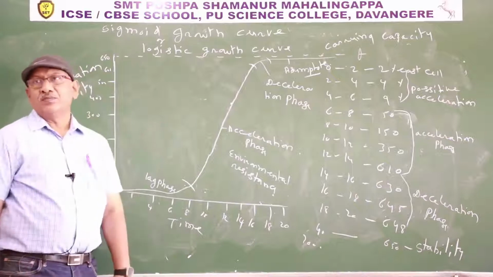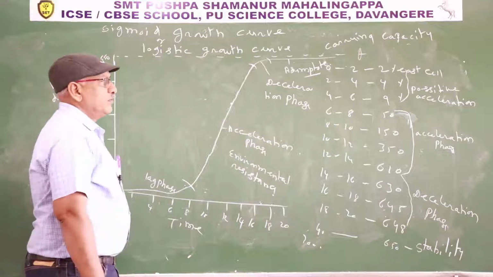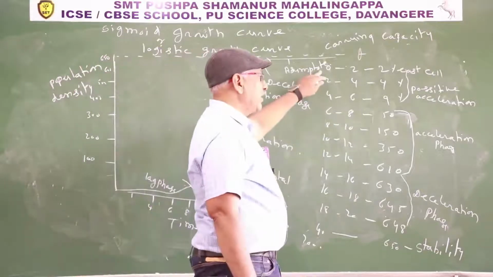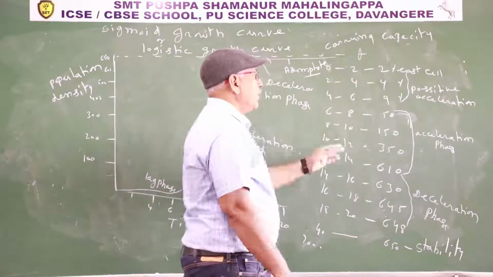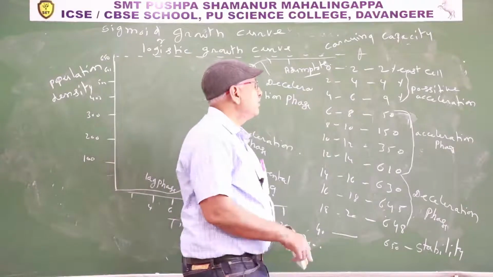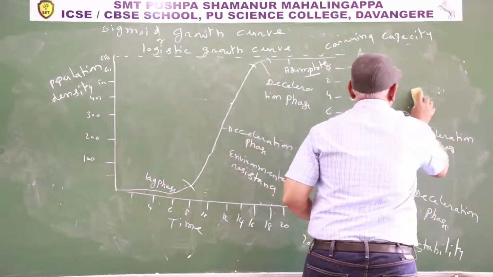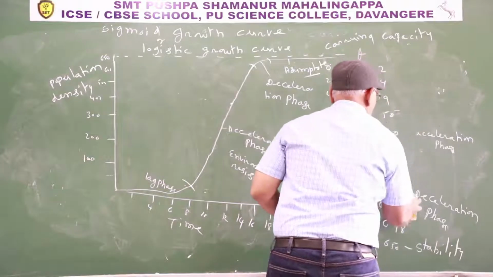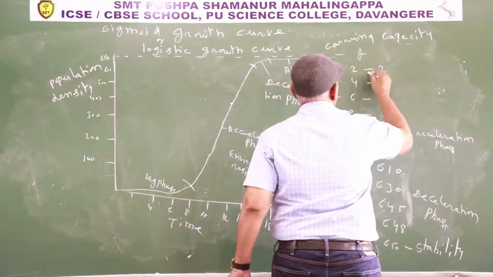So, yeast. The example here is yeast. They kept one yeast cell; after 2 hours it became 2, the next 2 hours 4, the next 2 hours 9. You may take it like this also. Here, what is the growth?